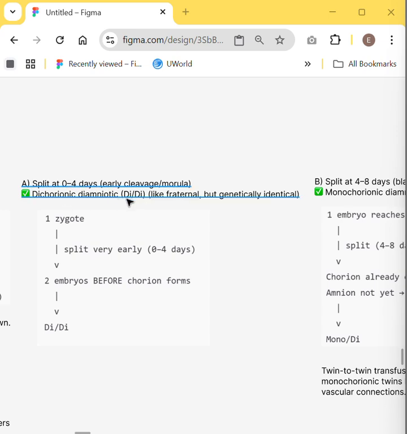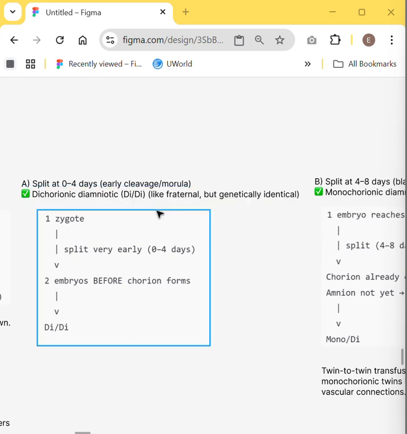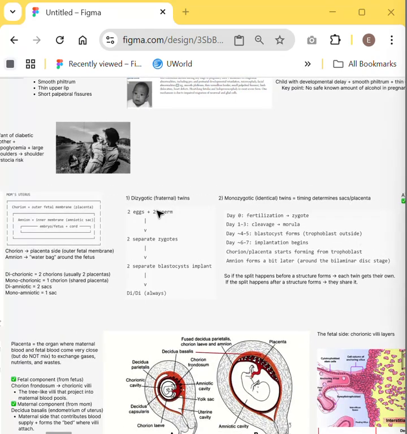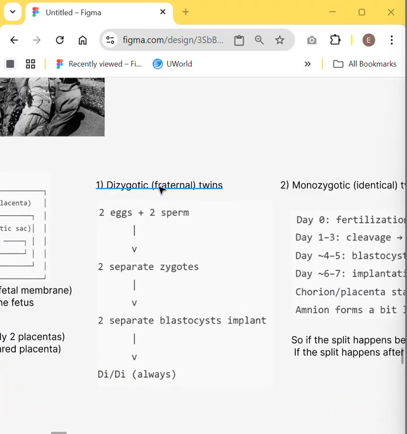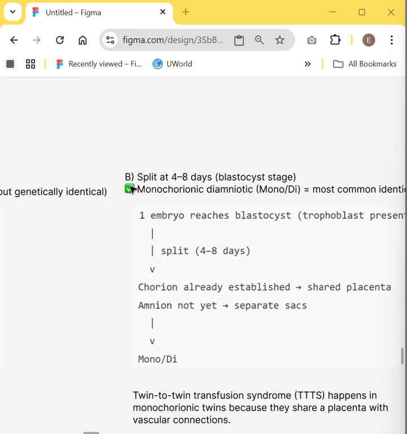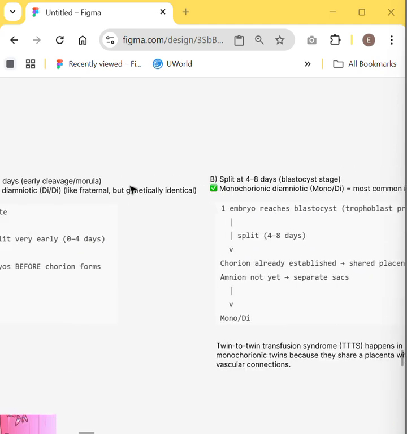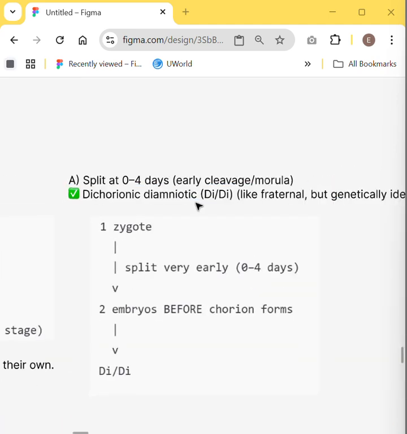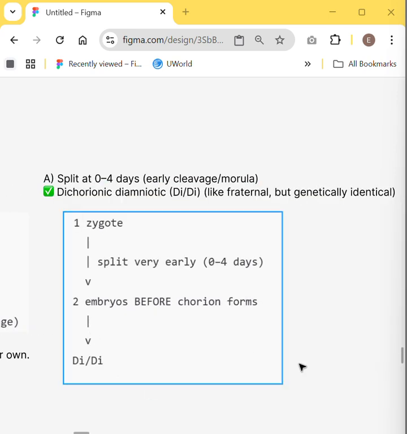These are very similar to the dizygotic fraternal twins, except that they are genetically identical because one zygote splits very early at 0 to 4 days, and two embryos are formed before the chorion forms.